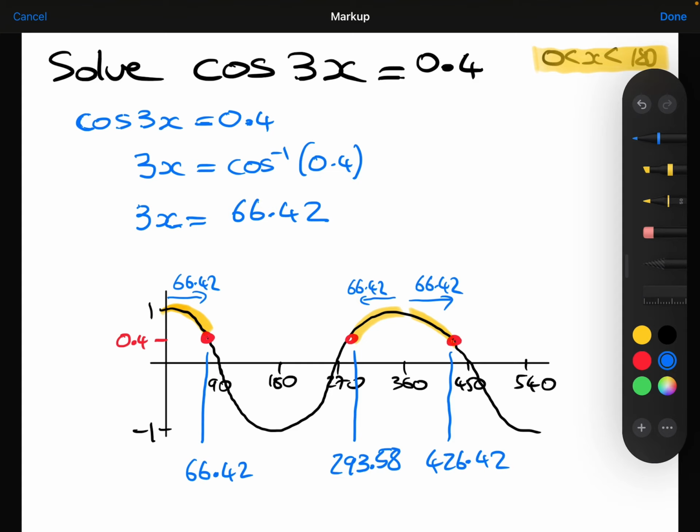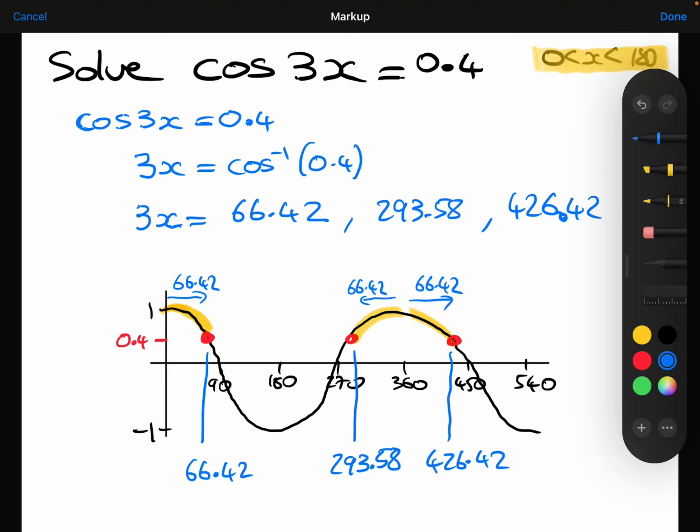So cos is equal to 0.4 at 66.42, or 293.58, or at 426.42. These are my answers for what 3x equals.